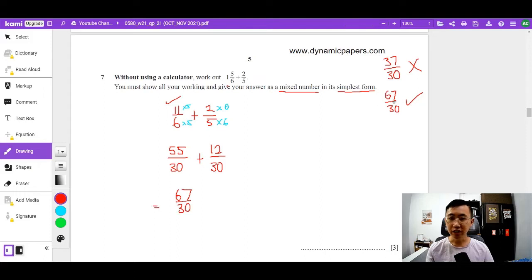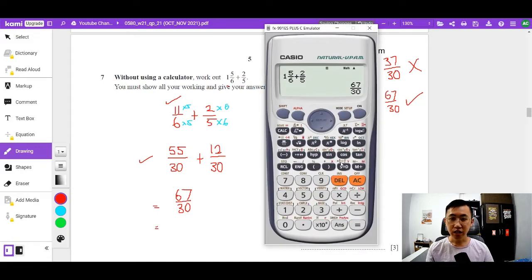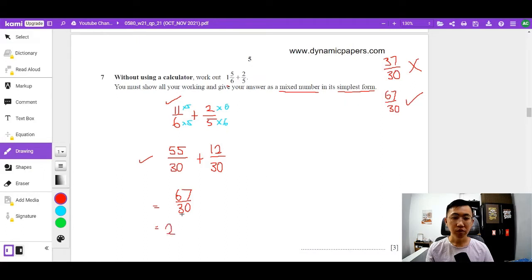Notice that we actually already knew the answer from the calculator. Indeed, we show our working to get this. So your second marking point will be here, making the denominator the same. Last is you changing into a mixed number. So do you know how to change this to a mixed number? Let's use our calculator. 2. So the front number is definitely 2. Now we have to do it manually like this just to prove to you.